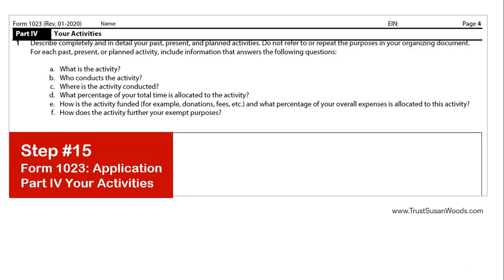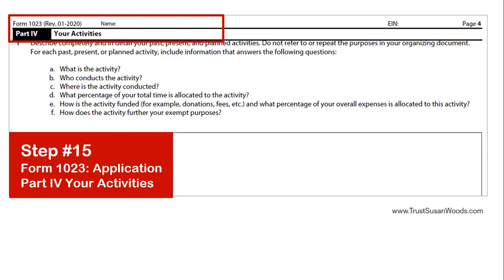As I mentioned, we are on step 15 of the Form 1023 application for recognition of exemption, and we are focusing on part 4, which is your activities. As you can see here at the very top left corner of the screen, I'm showing you the Form 1023, which was revised in January 2020.